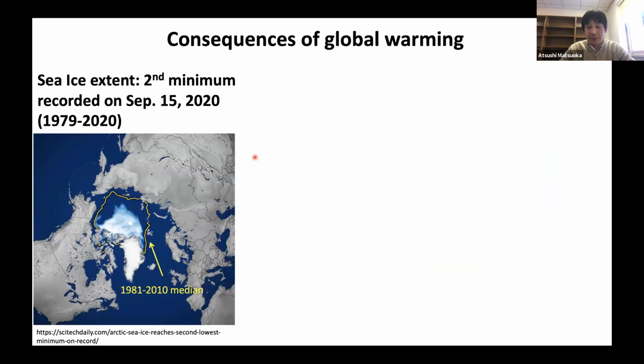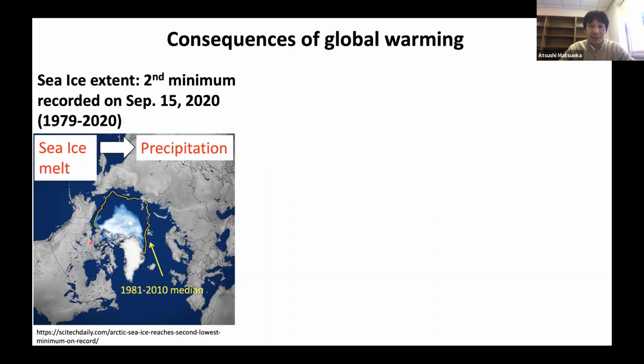As a consequence, as you know, sea ice of the Arctic Ocean has been decreasing over the last 4 decades. This figure shows the sea ice extent recorded on September 15 last year. For comparison, this yellow line represents median sea ice extent from 1981 to 2010. So as you can see, sea ice has been shrinking over time, particularly in the Arctic Ocean.